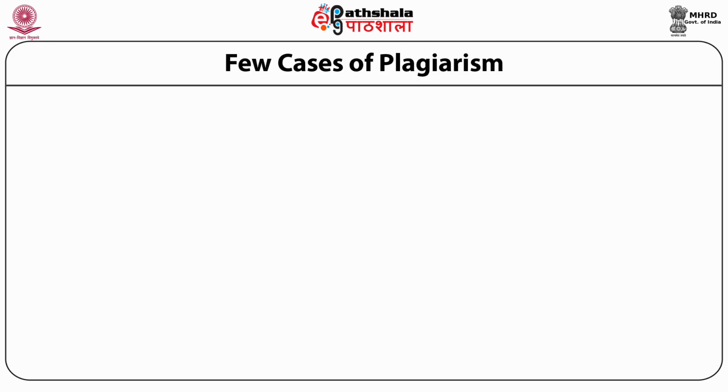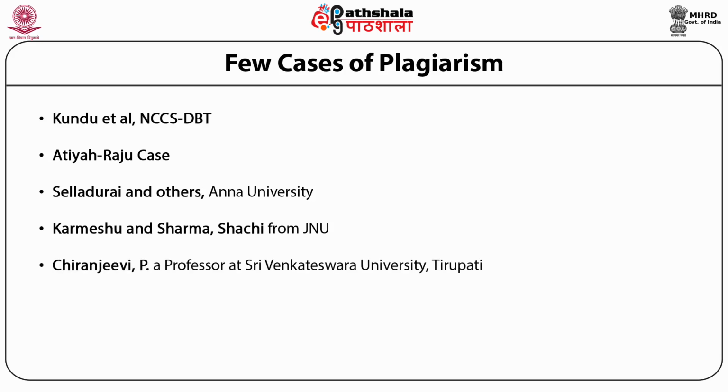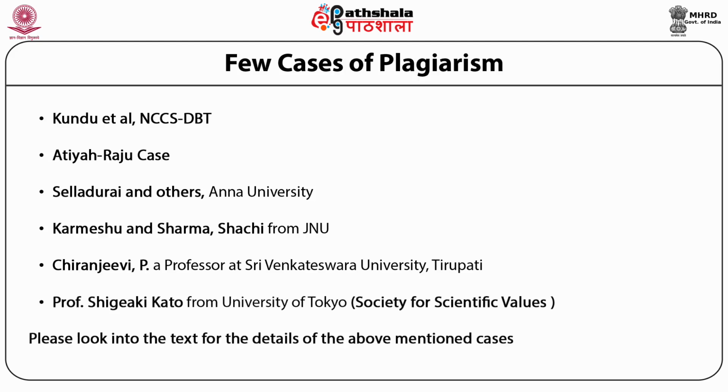The famous cases are Kundu et al., Attaya Raju case, Selladurai and others, Karmeshu and Sharma, Shashi from Jawaharlal Nehru University, Chiranjeevi P., who was professor at Sri Venkateshwara University, Tirupati, Professor Shigeaki Kato from University of Tokyo. For more cases about plagiarism, you may refer to the website of the Society for Scientific Values.